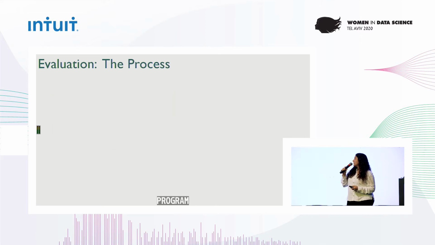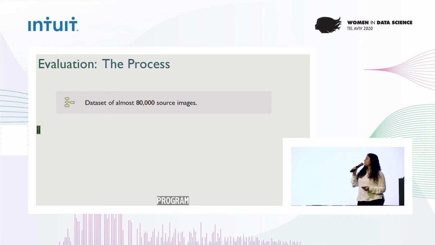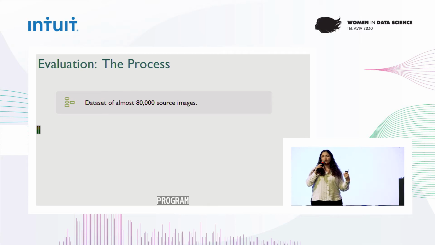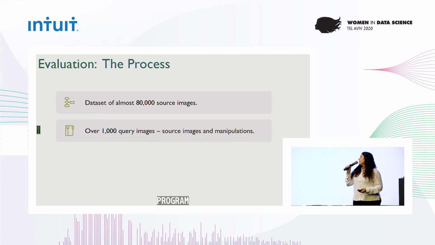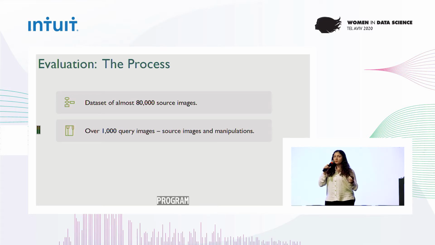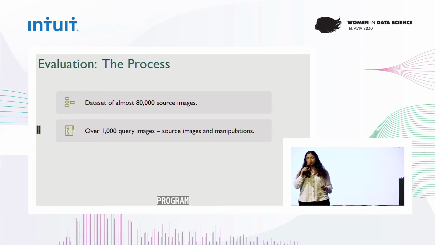Therefore, we had to take a subset of 80,000 source images, and we used them as the index for the evaluation step. Then we sampled a subset of 1,000 images among the 80,000 and used them or their manipulated versions as query images.